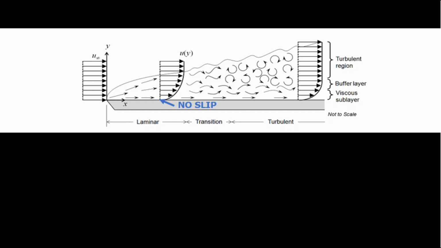And therefore, as a result, we can see that there is a region in which the flow velocity changes from 0 velocity at the wall up to a maximum value in the mainstream of the flow. And this region in which you have that velocity gradient is known as boundary layer.